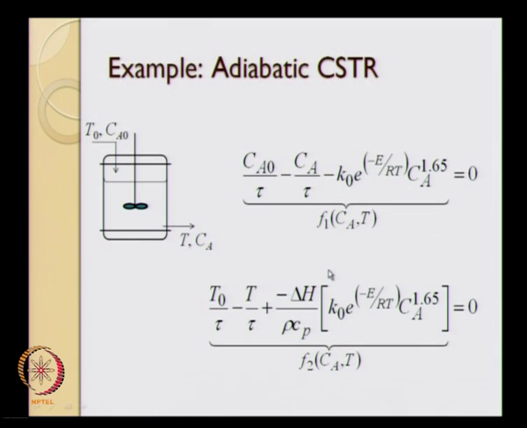Okay. So now we are not restricted to just 2 equations and 2 unknowns. In general, we can have n equations and n unknowns. As an example, we have a distillation column with, say, 40 trays and 2 components.